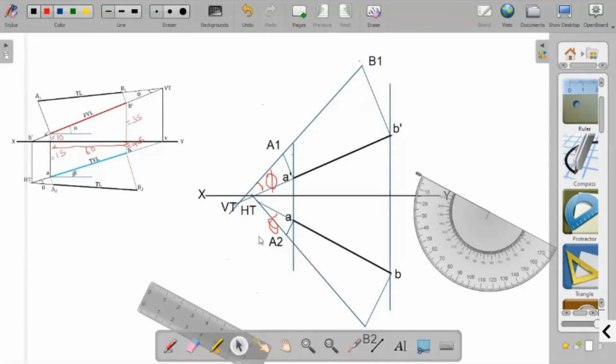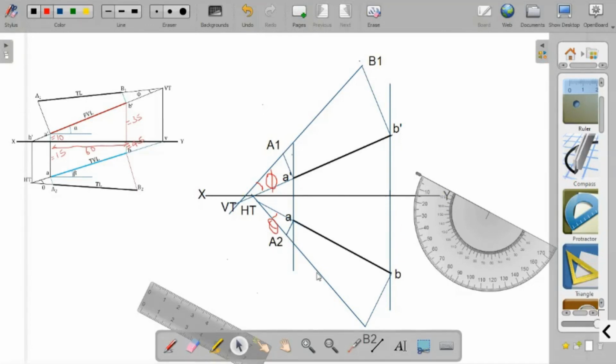The distance of A dash from XY line is marked, and the distance of B dash from XY line is marked through the projector through B, and then we obtain points A2 and B2. Then point A2 and B2 are joined, and this is also giving you the true length. So two true lengths are obtained here, A1 B1 as well as A2 B2.